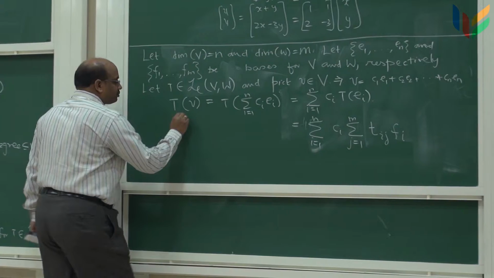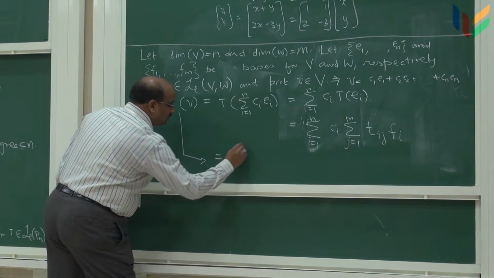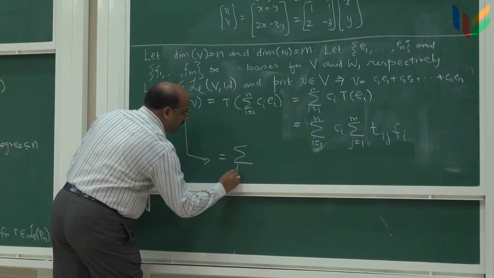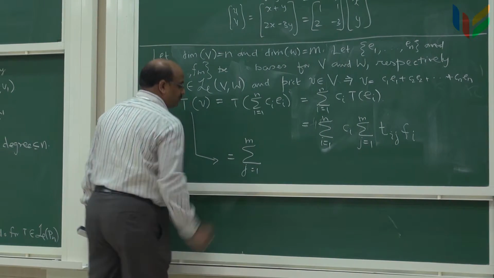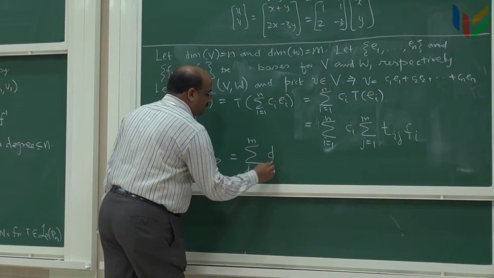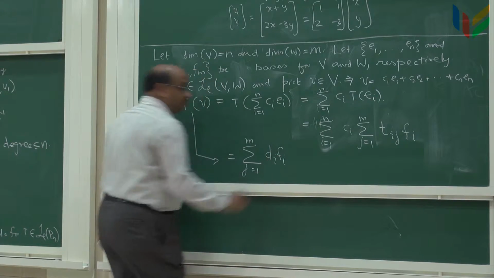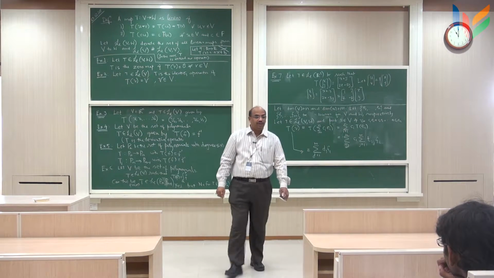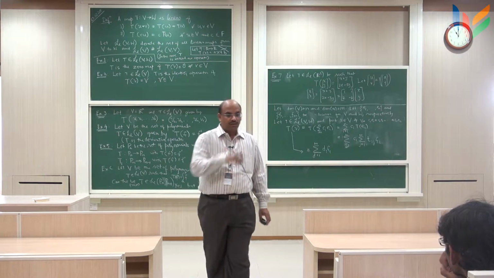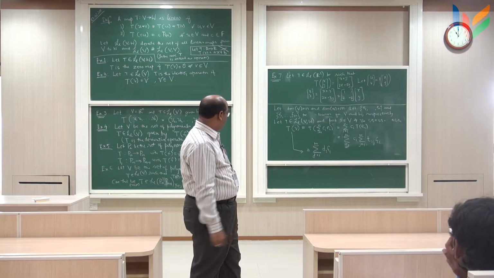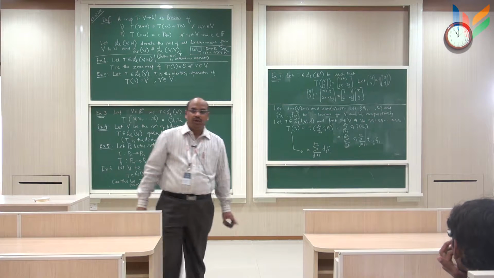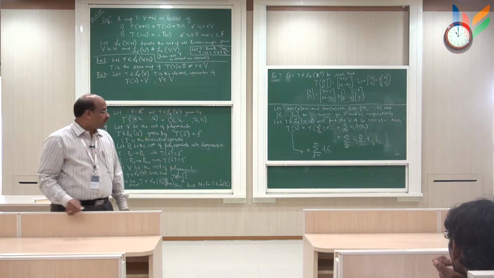So, the summation of j equals 1 to m, let us say dj Fj. Any questions? Did I make any mistake? Okay. So far so good.